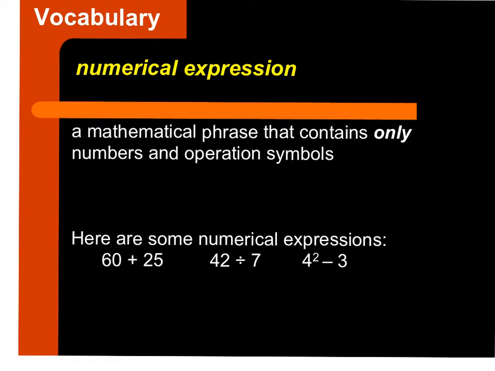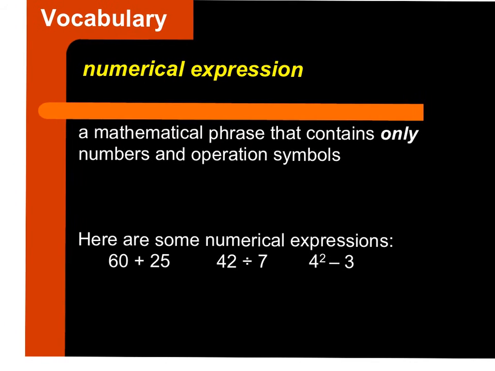A numerical expression is a mathematical phrase that contains only numbers and operation symbols. Very important. I would highlight that or underline it. Only numbers and operation symbols. As we look here, some examples: we have 60 plus 25. Notice number, operation symbol. 42 divided by 7.